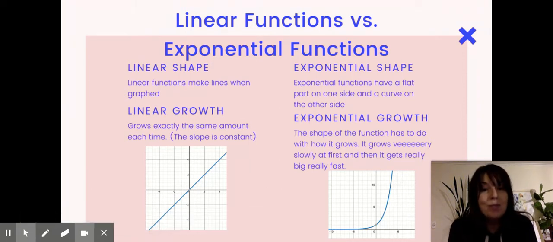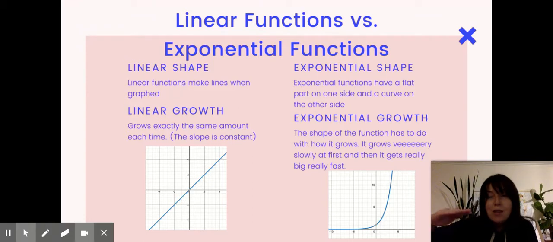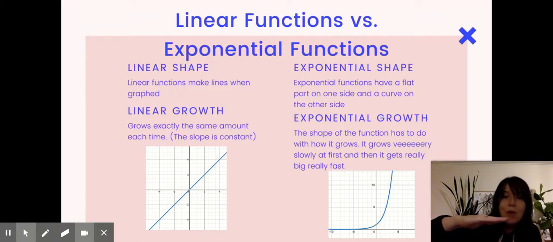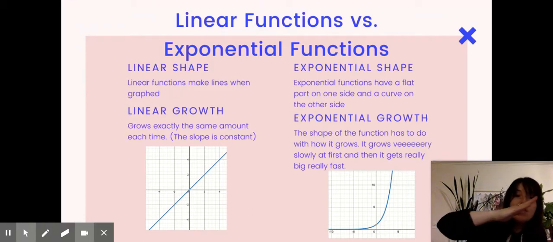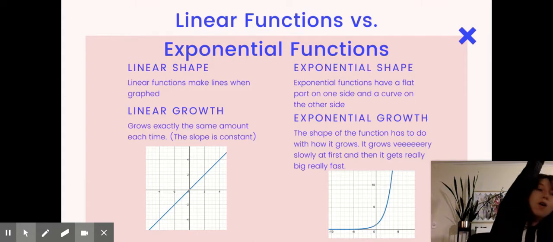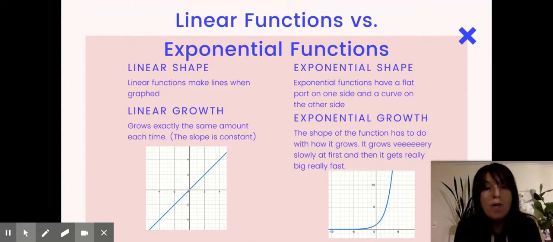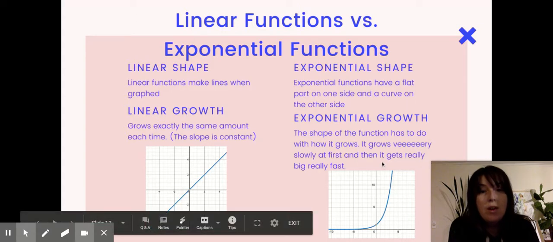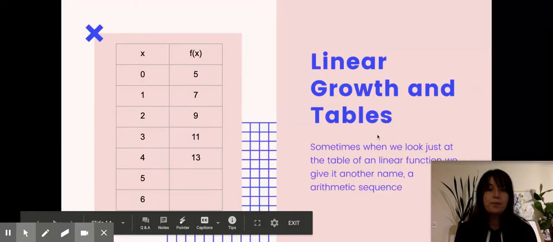So exponential growth is really slow at first. You barely even notice it. And then all of a sudden it starts to climb and then, whoa, it's going up super fast. So that's what gives it this shape. It kind of has like a tail and then a fast growth.